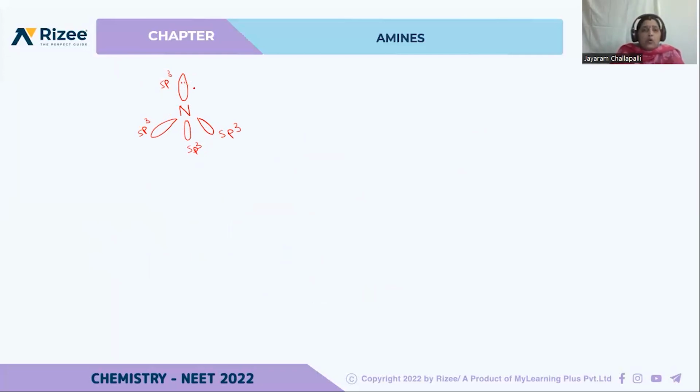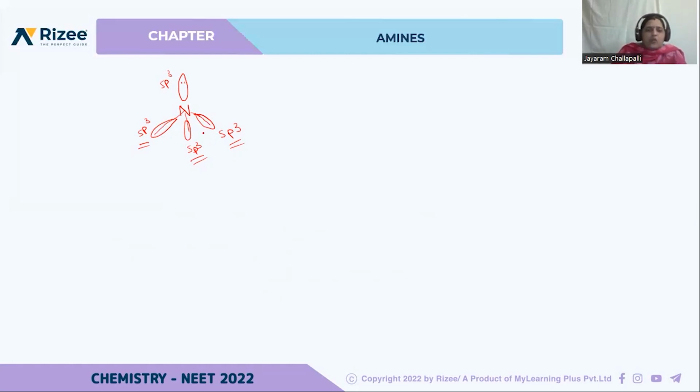But we are not going to consider the lone pair for the symmetry. While writing the structure, we are not going to consider the lone pair. So finally, these three sp3 orbitals only attract or form bonds with the other species.